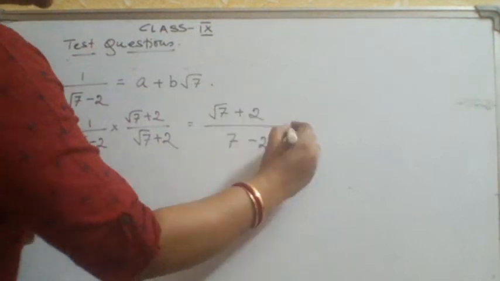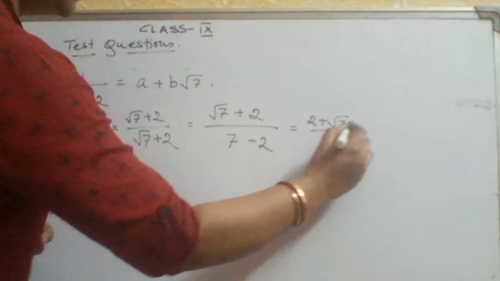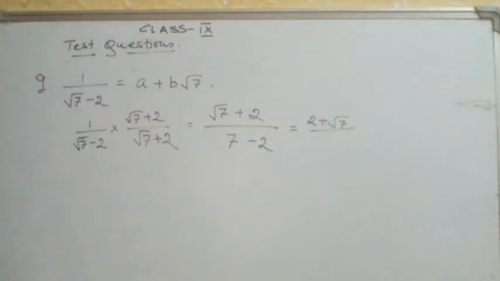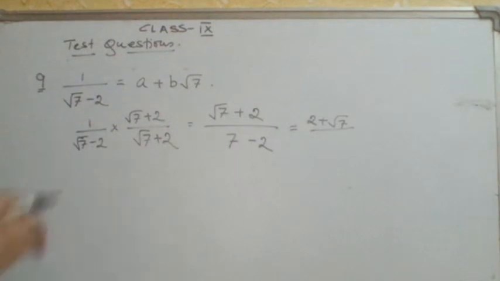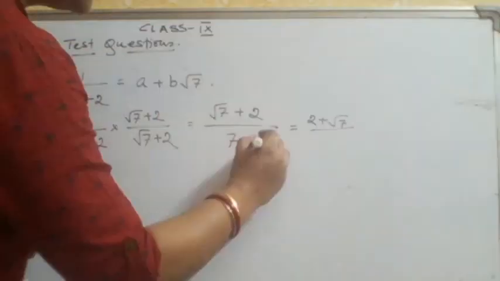So this comes out to be 2 plus root 7, and in the denominator, 7 minus 4, so this is 3.